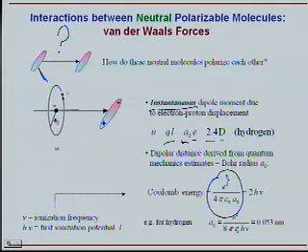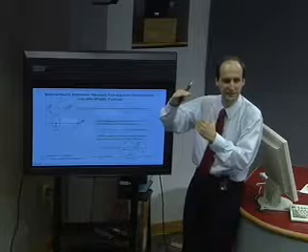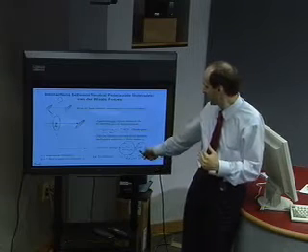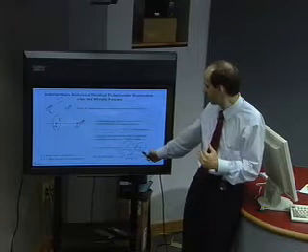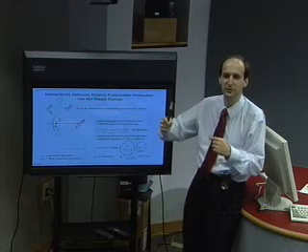This is positive and negative charge attracting each other. This energy, however, from quantum mechanics can have only specific values. And these specific values are quantized by h times ν, where ν is the vibration frequency.